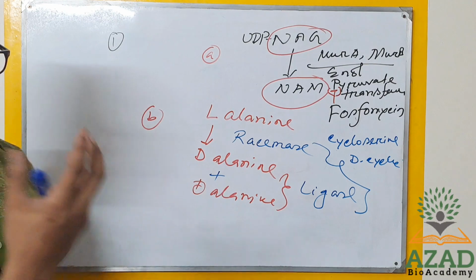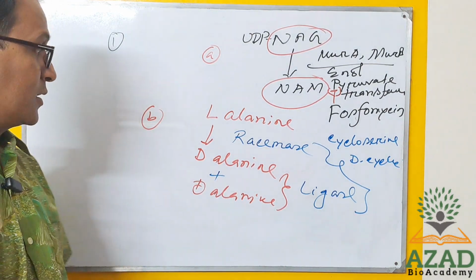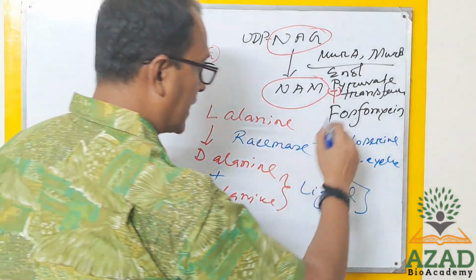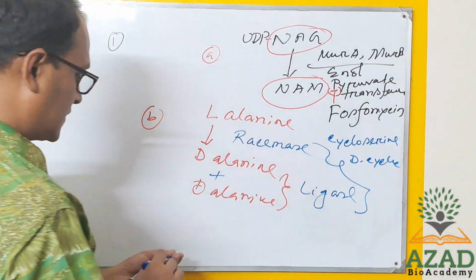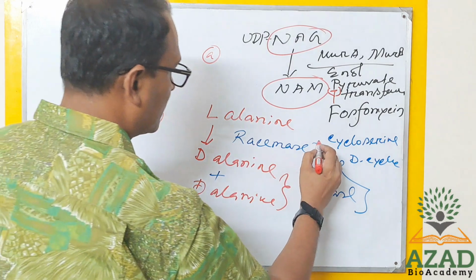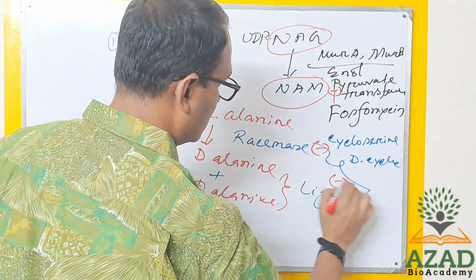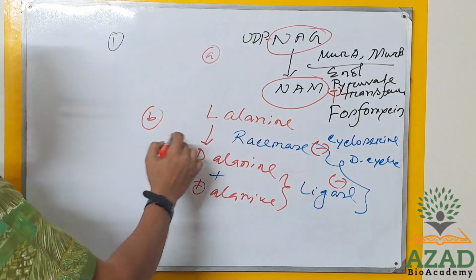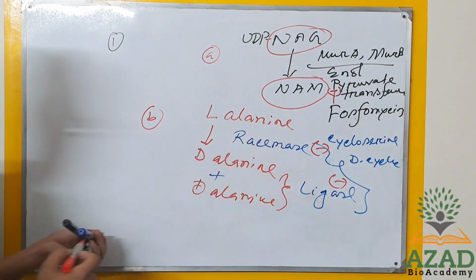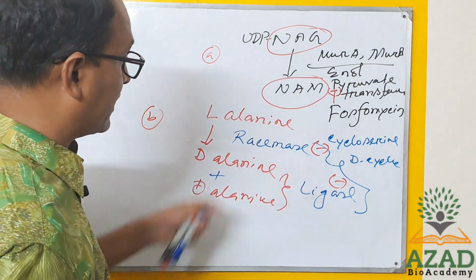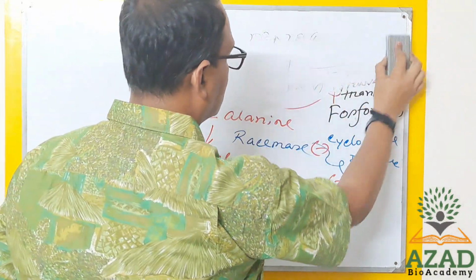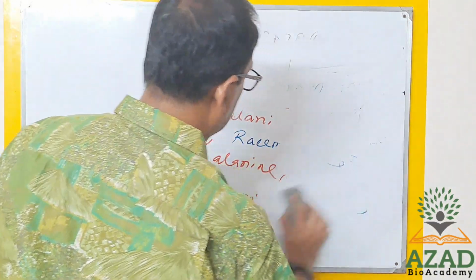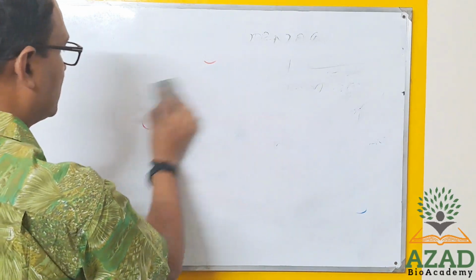So without D-alanine, the bacterial cell wall is not possible. So the cycloserine antibiotic will inhibit these two enzymes, and this is happening within the cytoplasmic stage. So this is the antibiotic which works in the cytoplasmic stage by inhibiting some enzymes.